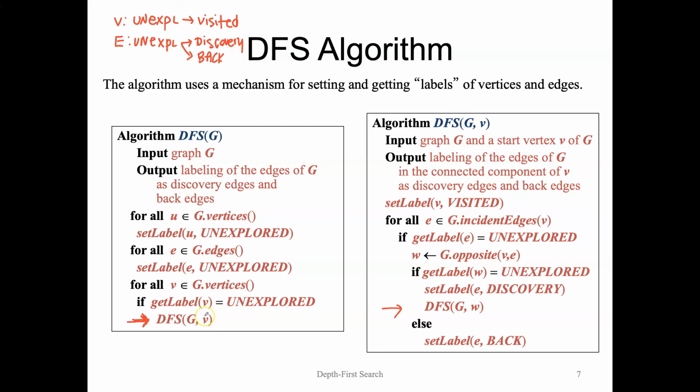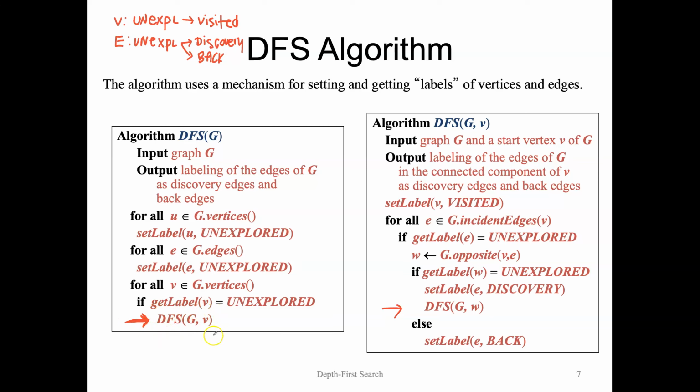So we end up marking all of the vertices and edges that belong to the same connected component as this vertex, everything that V can reach. Okay, so that's one thing to note, that we only ever call DFS from this location for each connected component.